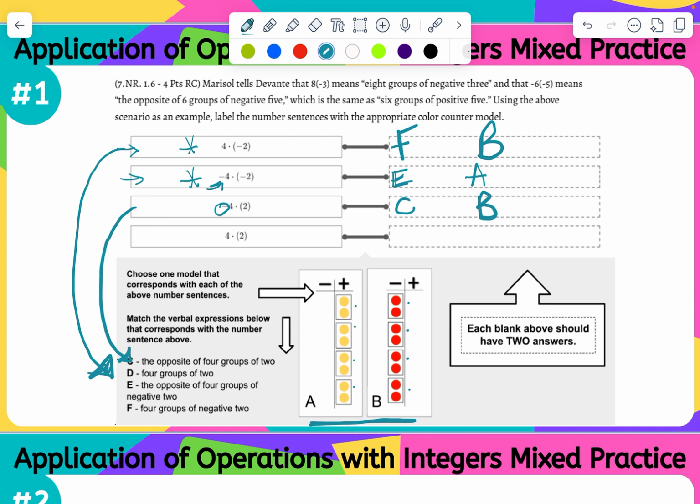So that's going to be the counter model B. We're looking at these 2 counter models right here, A and B. And then we have 4 groups of 2, which is D. And 4 groups of 2 would be the counter model A. So we're doing 2 things. We had to do the verbal first, and then we looked at the counter model.